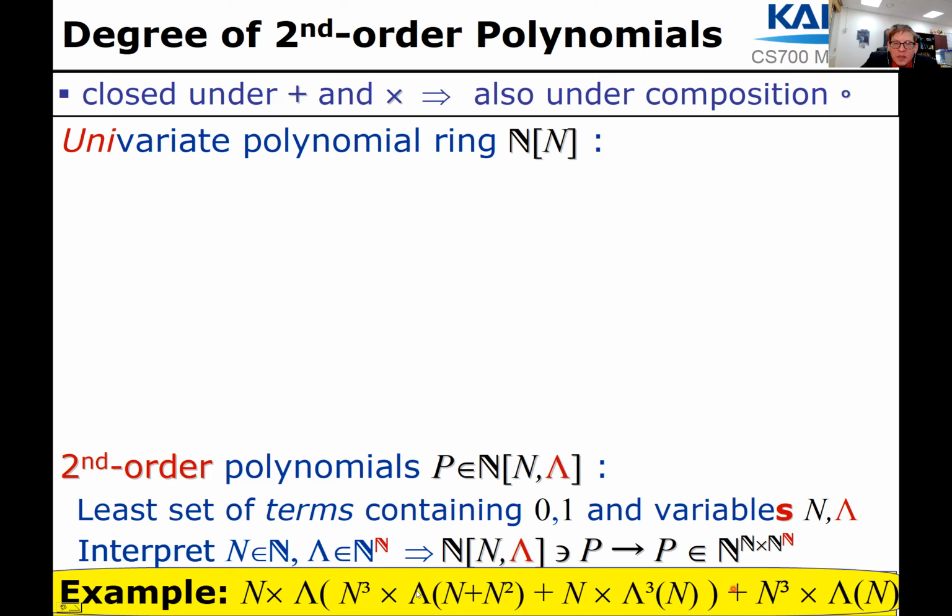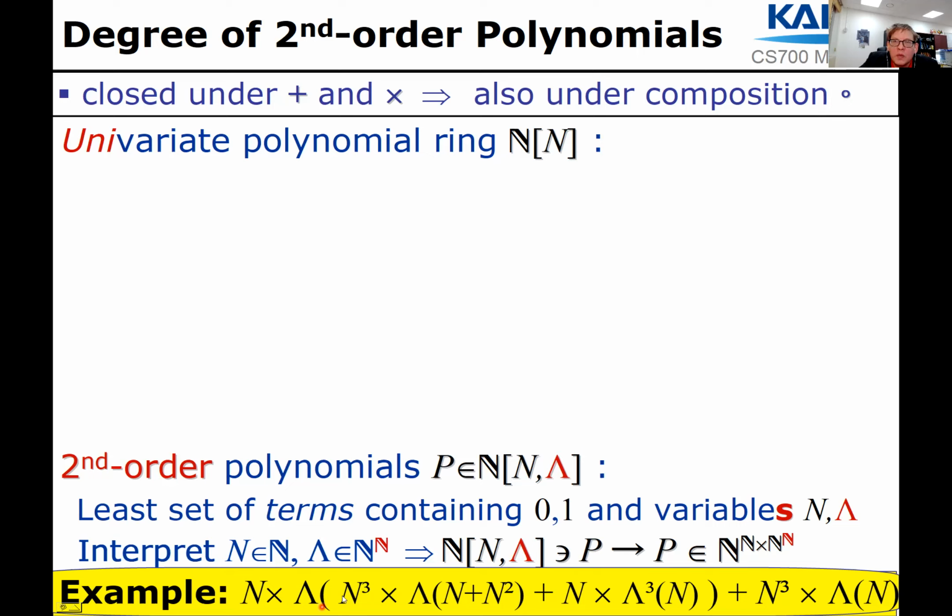So this term again is a product, closed under multiplication, of the natural number variable n together with a second order variable lambda. But now the argument to lambda is itself a term, which makes sense because we now also want to maintain closure under composition.